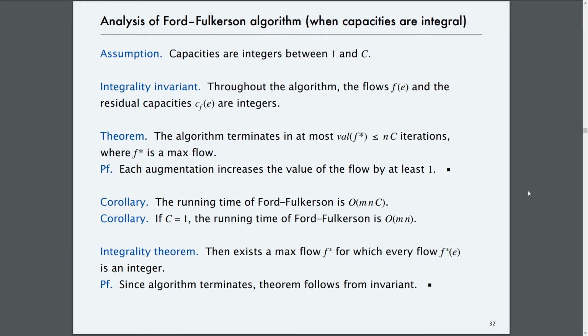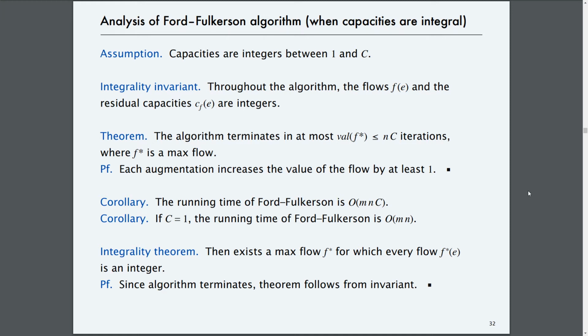Okay, so let's analyze the algorithm. The capacities are integers between 1 and c. So c is the maximum capacity on an edge. And throughout the algorithm, the flows f of e and the residual capacities as well, these are all integers.